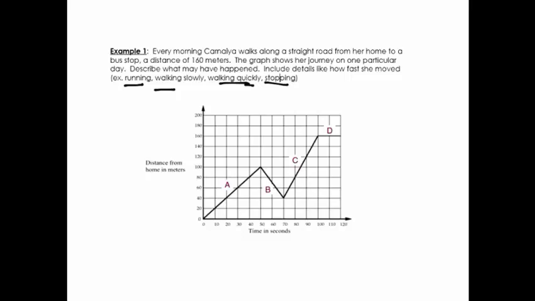The first thing I want us to do is to look carefully at this graph and make sense of what's happening. If we look at this x-axis, it's talking about the time in seconds. So that means at this point here in the graph, this is before she left, or the beginning of her walk.